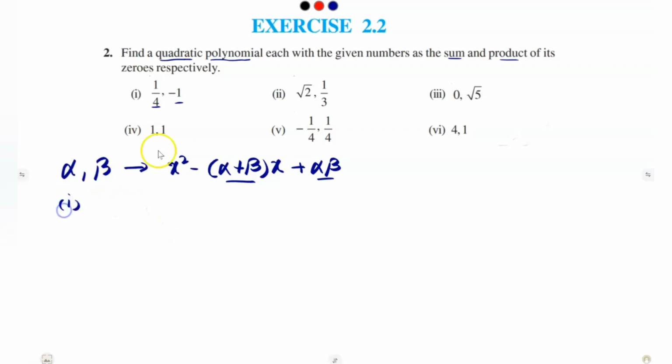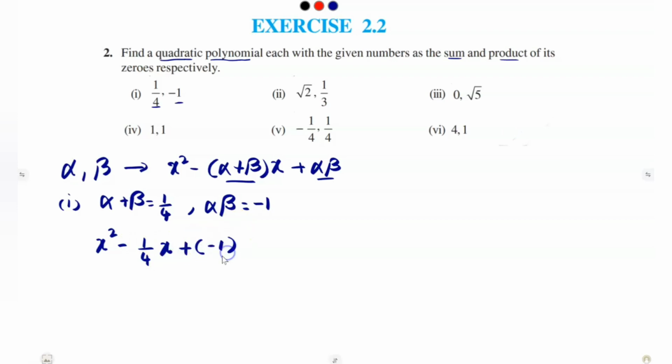Our first question: the sum of the zeros is given as 1 by 4 and the product of the zeros is given as minus 1. Let us substitute these values in the quadratic polynomial. So x square minus 1 by 4 x plus minus 1, since alpha into beta is minus 1.